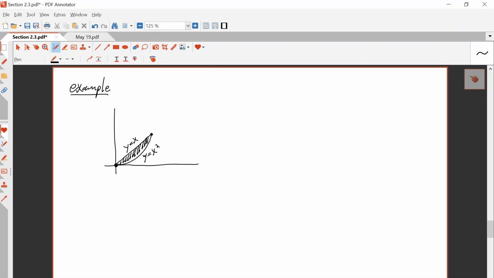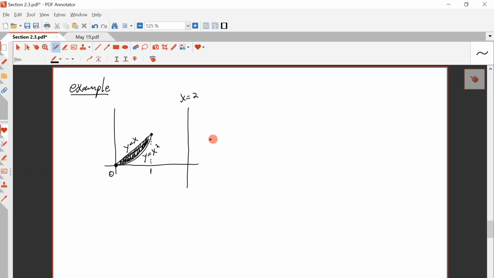Okay, that region there. And let's rotate this around the vertical line, let's say x equals 2. All right, so this is 0. This point right here is 1. And then over here is the line x equals 2.